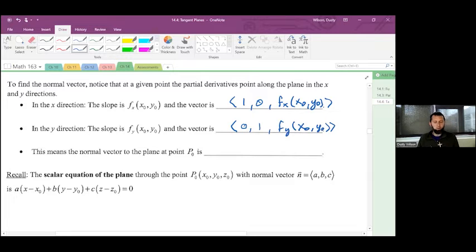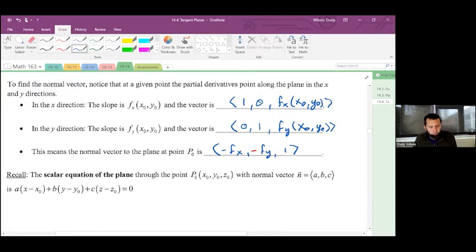And so if we want to find a normal vector to the plane at point p naught, we can simply use our cross product, and our cross product will be 0 minus fx, and then there's the minus sign that's built into the formula, so we would have minus fy, and then 1.